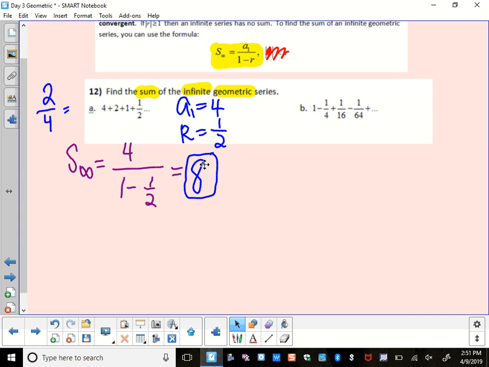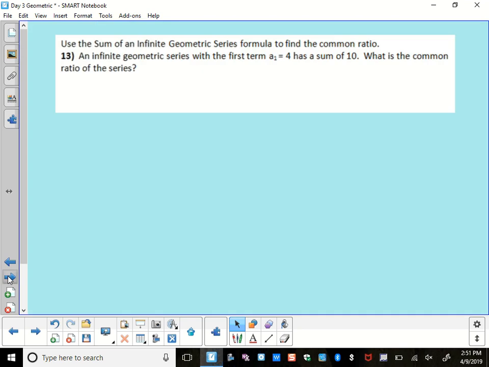We're gonna skip letter B. We're gonna do one more problem. All right, so we're still using the sum of an infinite geometric series formula. So that's the one we just used to find the common ratio. What this means is that they've given me everything else. My first term is 4, my sum is 10. They want me to tell them what is r.